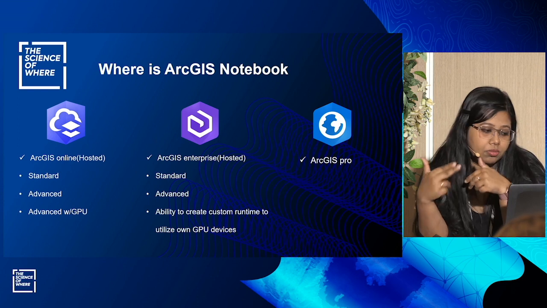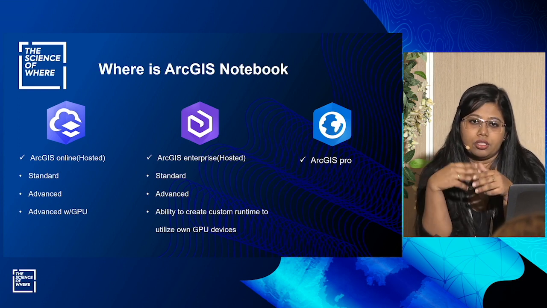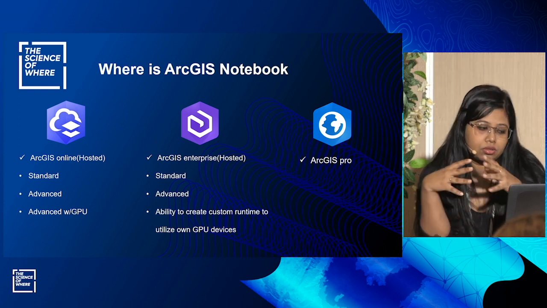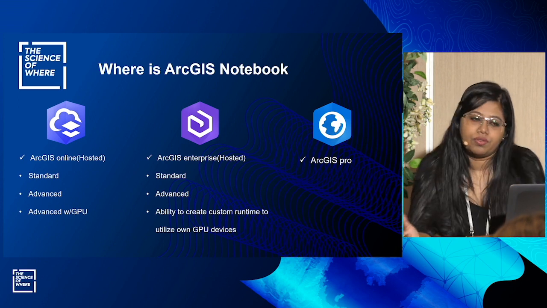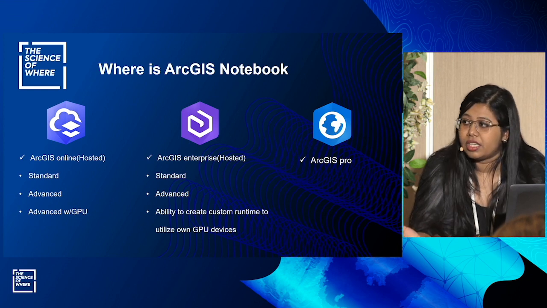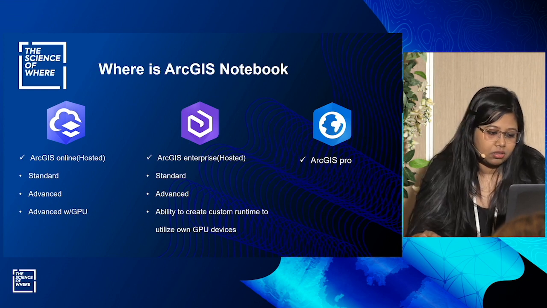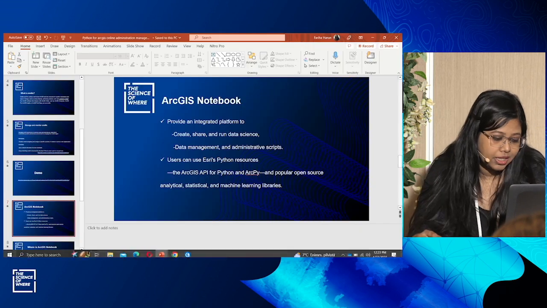You have the possibility to embed it in your portal or enterprise account. So this is very good if you are doing, for example, some machine learning or deep learning testing, then you can select it. So I will jump to the demo and I will explain the things more clearly.